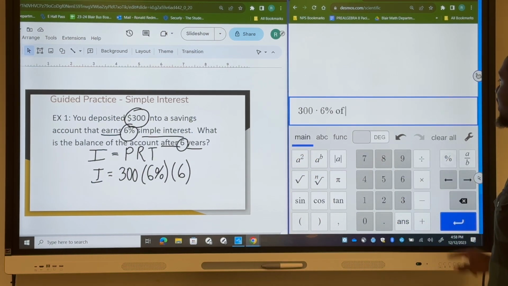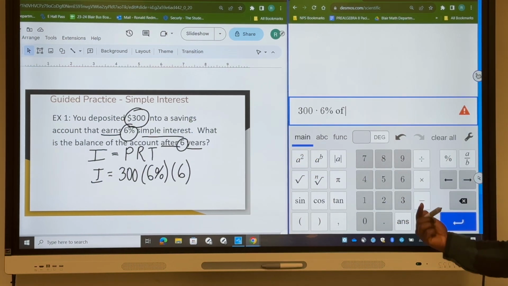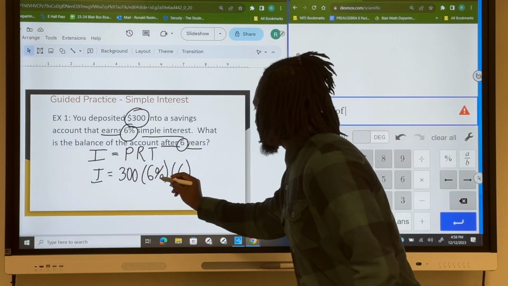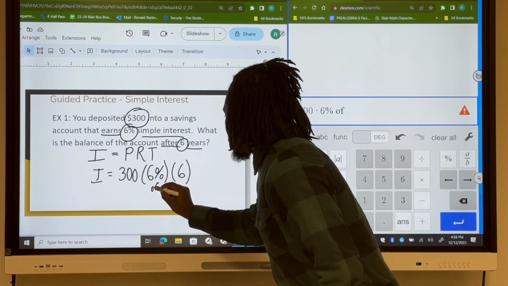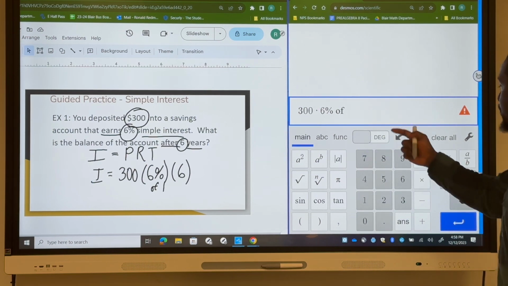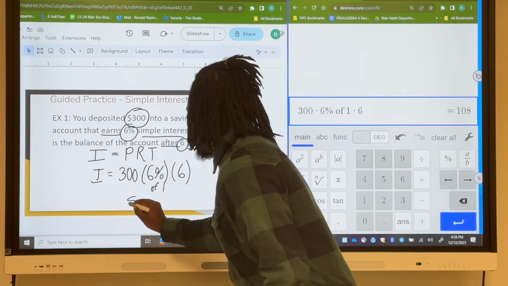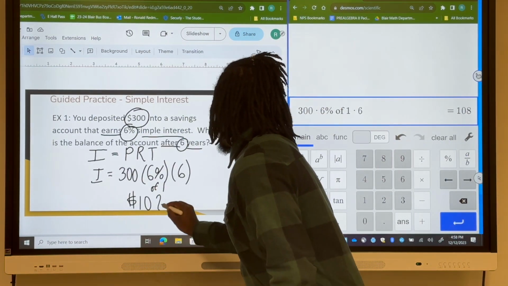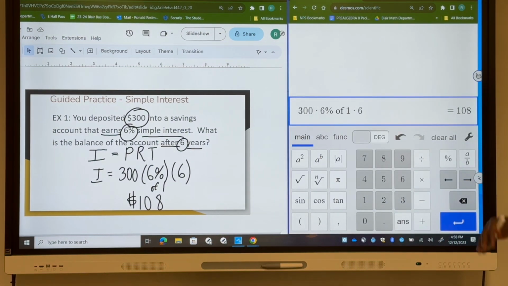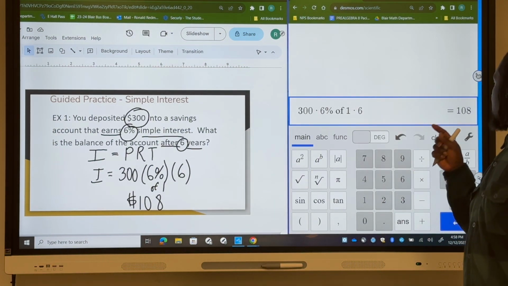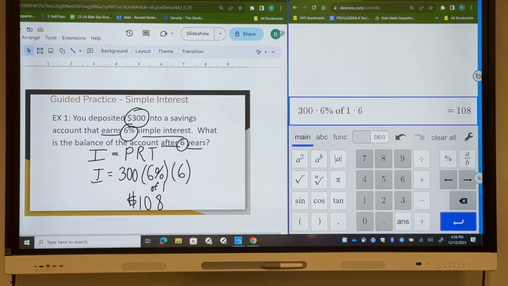When I put in 6%, it is going to say "of", so you put "of 1". So 6% of 1, and then multiply that times 6. That gives me the amount of money that is earned in interest. So 108 is my answer there.